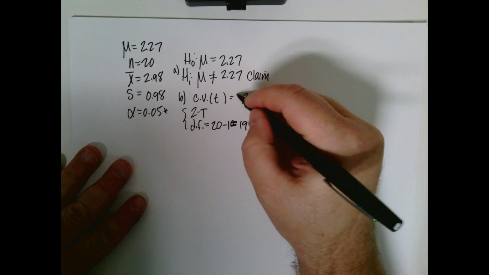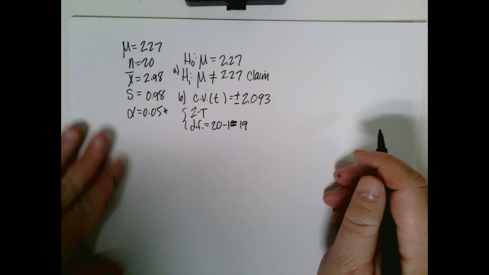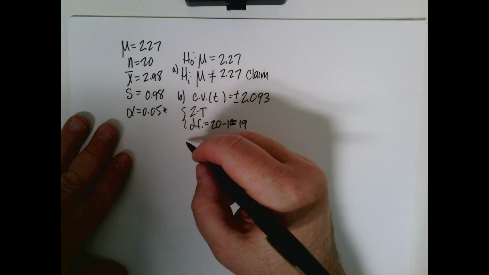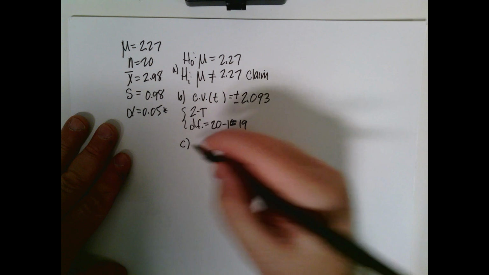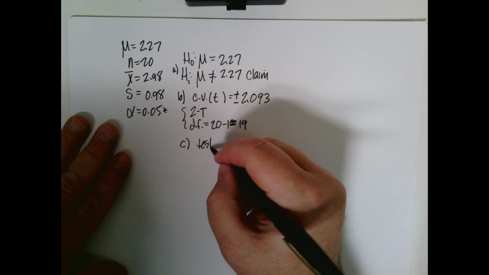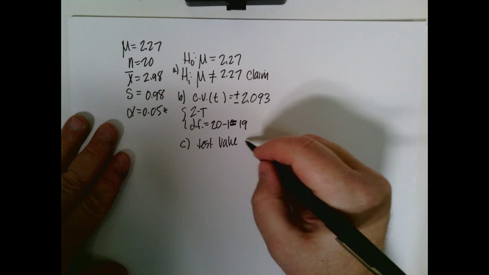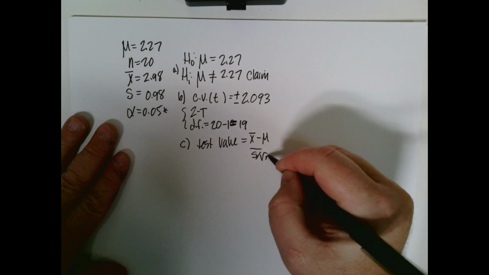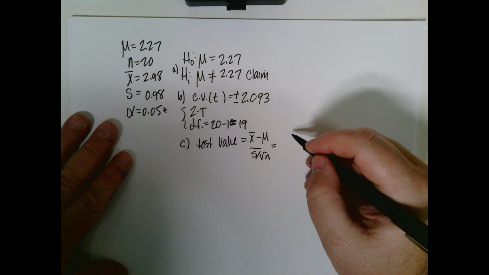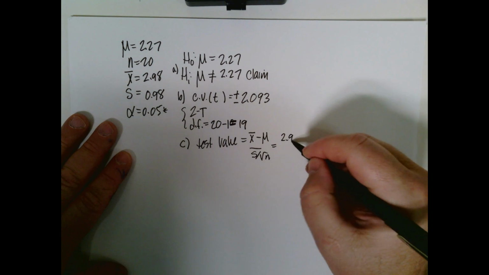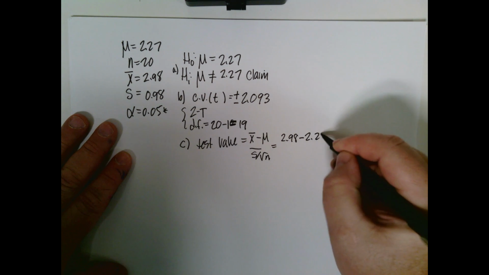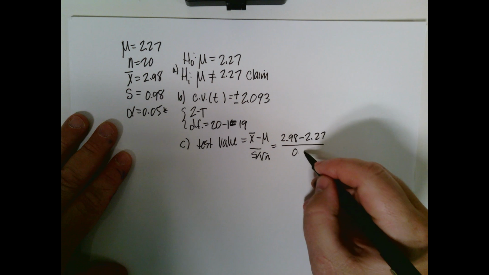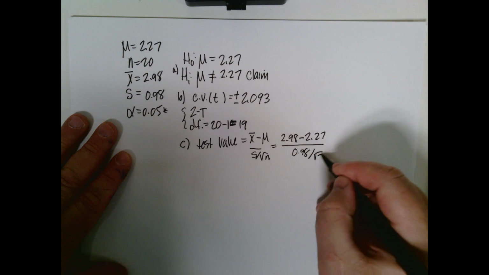Now because it's a two-tailed test, we need two critical values, and we just put a plus and minus because of the symmetry of the curve. Alright, so now C, we need our test value. That would be x bar minus mu over s over the square root of n, which is 2.98 minus 2.27 all over 0.98 divided by the square root of 20.